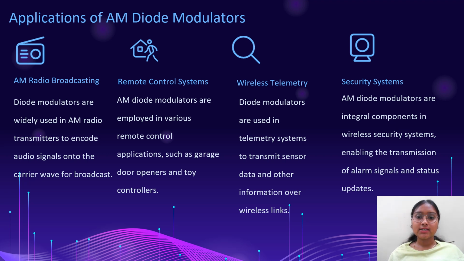Third one, wireless telemetry. Diode modulators are used in telemetry systems to transmit sensor data and other information over wireless links. Fourth one, security systems. AM diode modulators are integral components in wireless security systems, enabling the transmission of alarm signals and status updates.